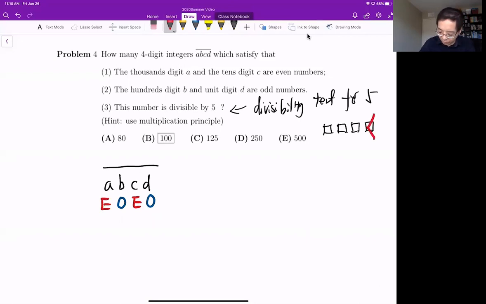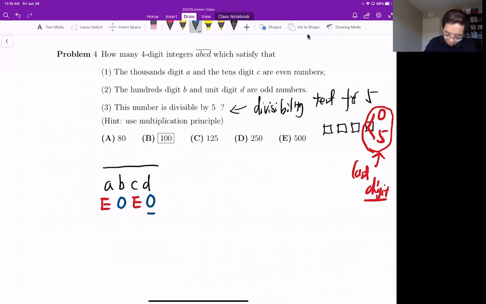So we want 0 or 5, but meanwhile we know it has to be an odd number. That means the last digit has to be 5. So we determine the last digit has to be 5.